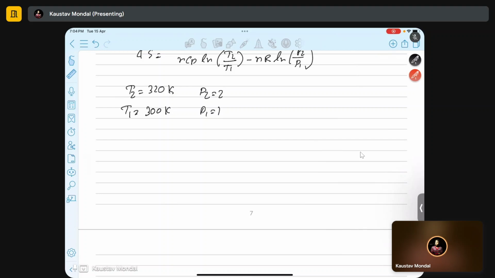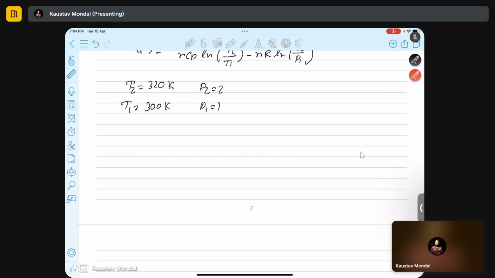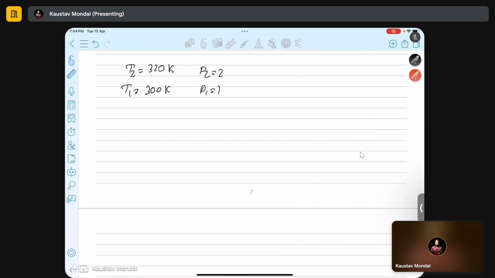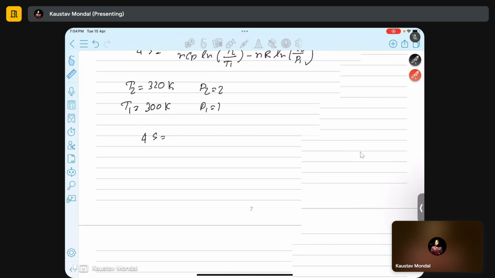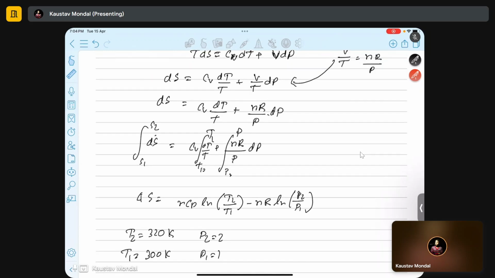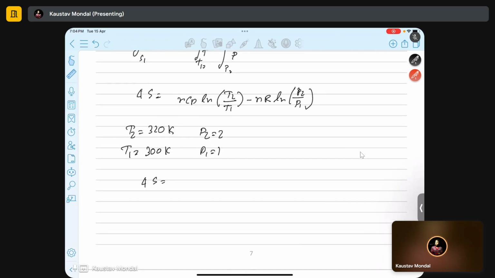So if you substitute all of this here, this basically gives you delta S. This is a monoatomic gas also. For a monoatomic gas, Cv would be 3 by 2R.